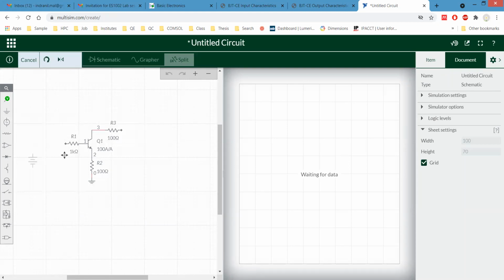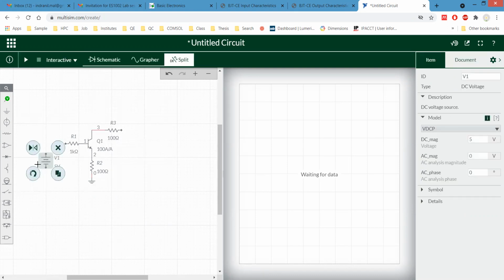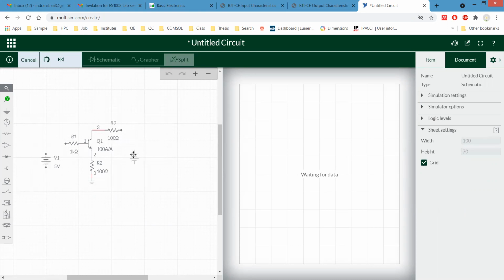Before that, we have to measure the current. We can directly connect it. Another source we need for this junction. Good. Now make them connect. Good.